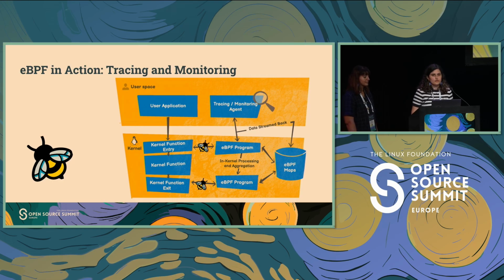A kprobe is a Linux kernel mechanism that lets us dynamically attach to almost any kernel function that we have and then collect information when that function is called. This gives us a powerful way to look inside the system and see what's happening. We have some tools like BCC, bpftrace, and Hubble, which are built on top of eBPF to make tracing and monitoring much easier.